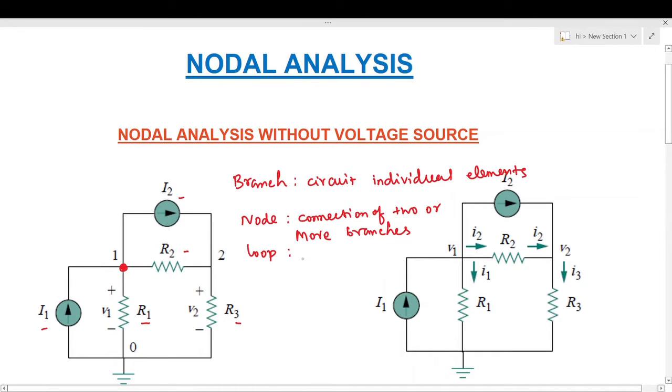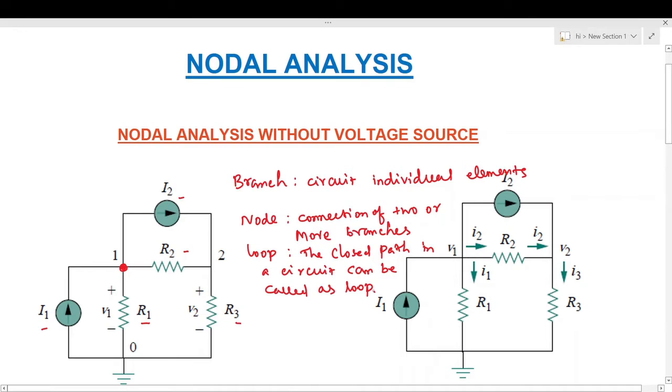The closed path in a circuit can be called a loop.